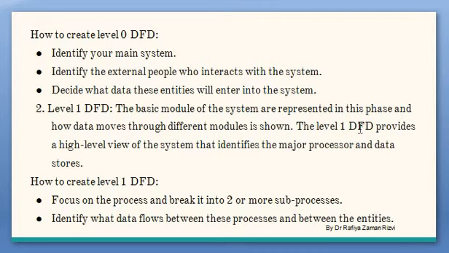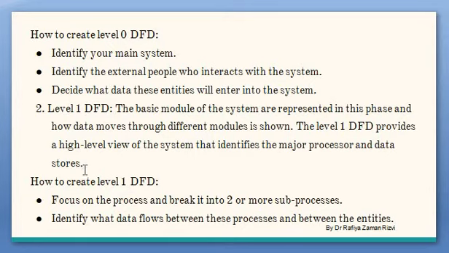The level 1 DFD provides a high level view of the system that identifies the major processes and data stores. So here what we are trying to do is find out and identify what are the major processes that are going on and the data stores, along with the interactions that are going on with the external entities.